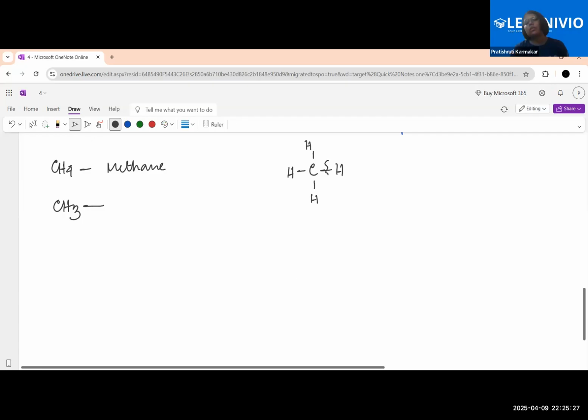If we break this bond and remove this hydrogen, then carbon will be able to make one more bond, right? So this is CH3 with an extra bond. So what do we call it?